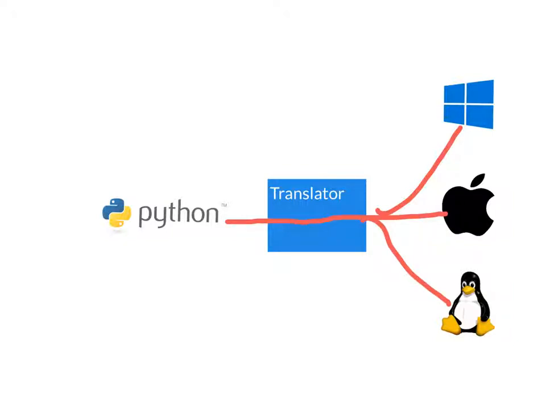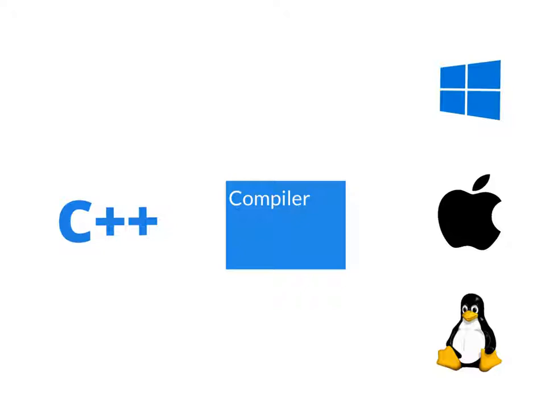The alternative, though, is compiled languages. So, say you write your program in a compiled language, like C++. C++ has a compiler, and the compiled program will go into the compiler and will come out designed to work on one computer.